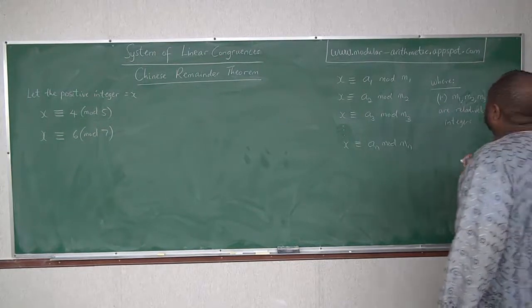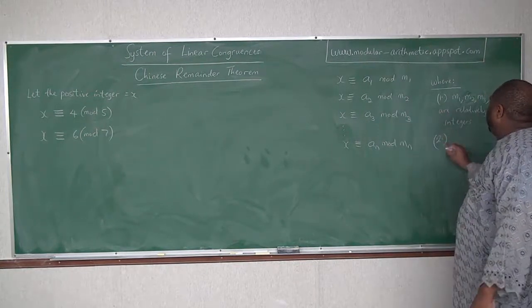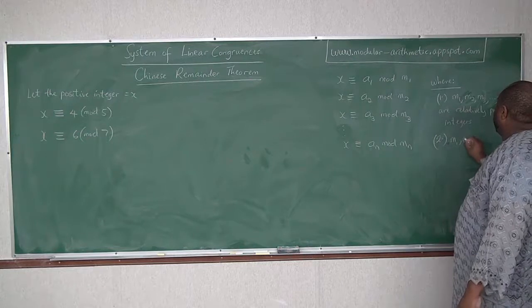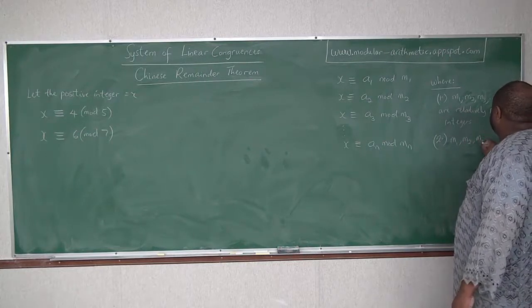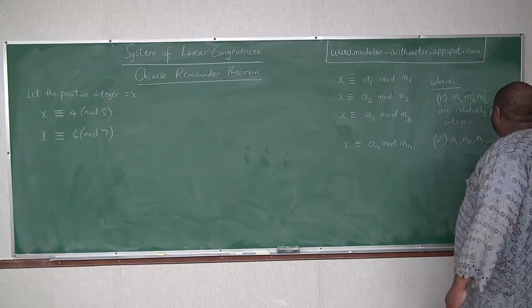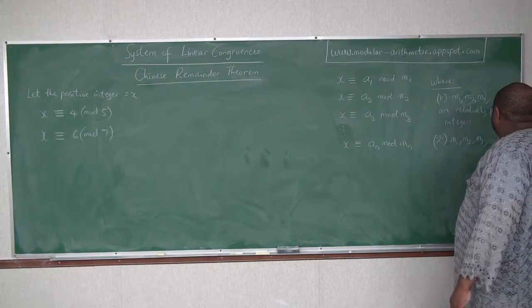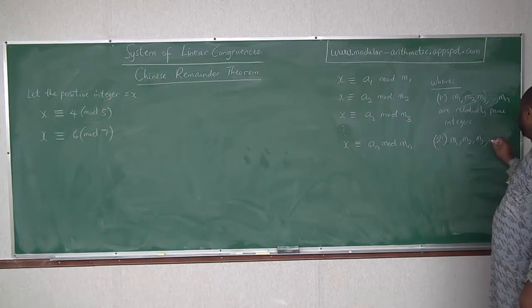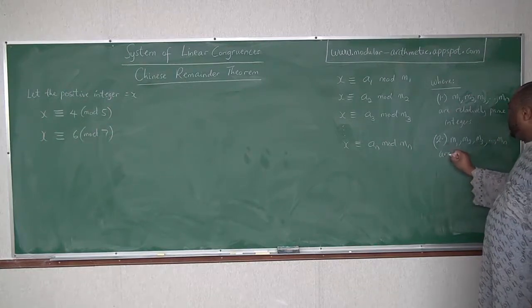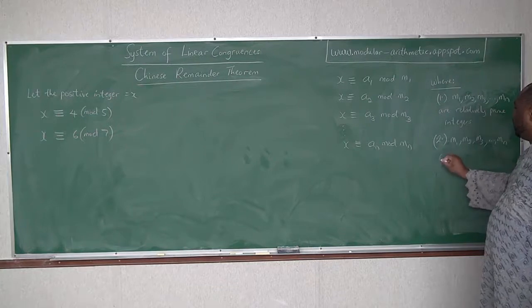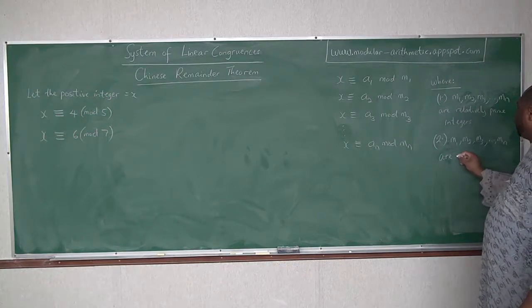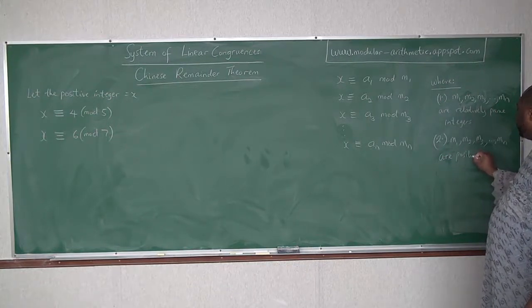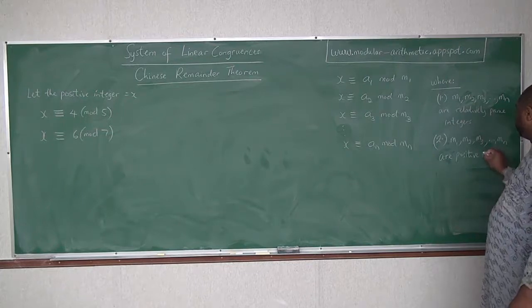And number two, M1, M2, M3, up to Mn are positive integers greater than 1.